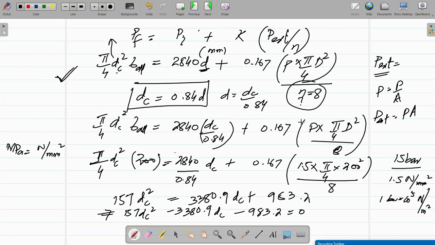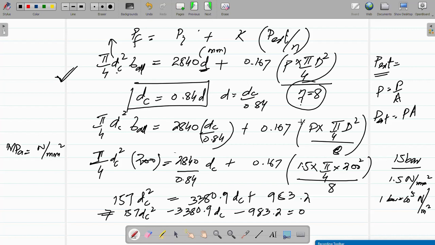There could be a possibility that you don't know the number and you don't know the diameter either, so both are unknown. Then you have to assume one thing, there is no other way out. Either you take any suitable value for the diameter and then find the number of bolts, or the practical thing is to assume the number of bolts.